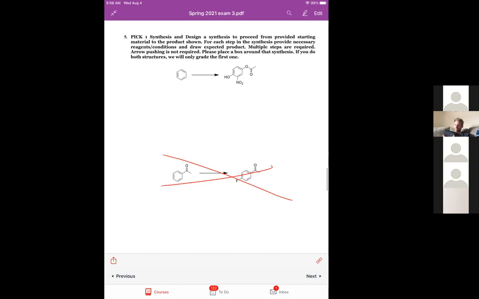There are a few different ways you can make an alcohol. I'm going to go through the MCPBA one.